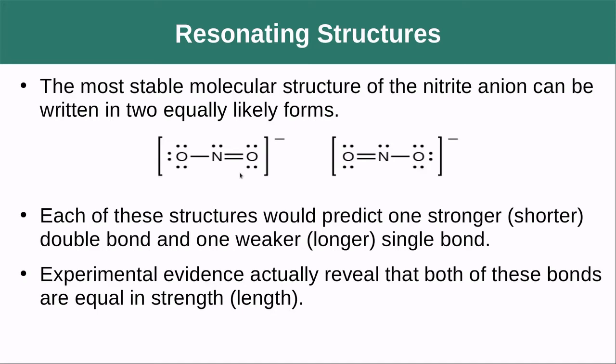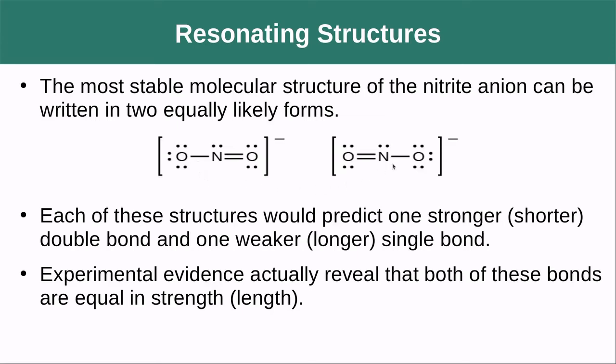What a resonating structure is, if you look at an example like our nitrite ion, right? We could have a double bond going to this oxygen, or we could have a double bond going to this oxygen here. If that were true, then what we would see experimentally is that one of these bonds is shorter than the other bond.